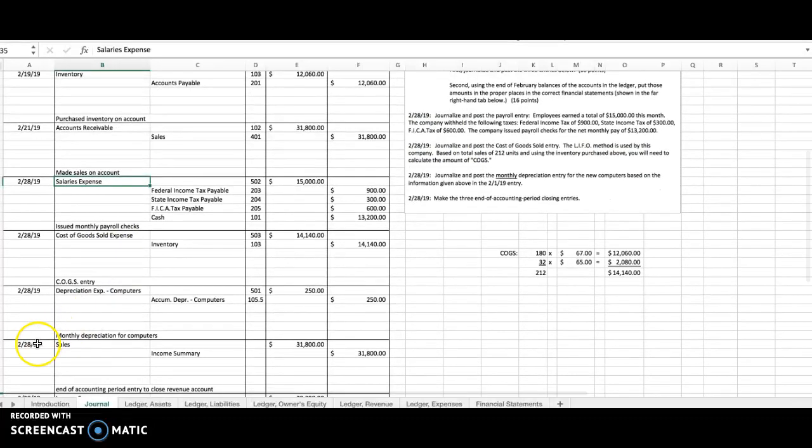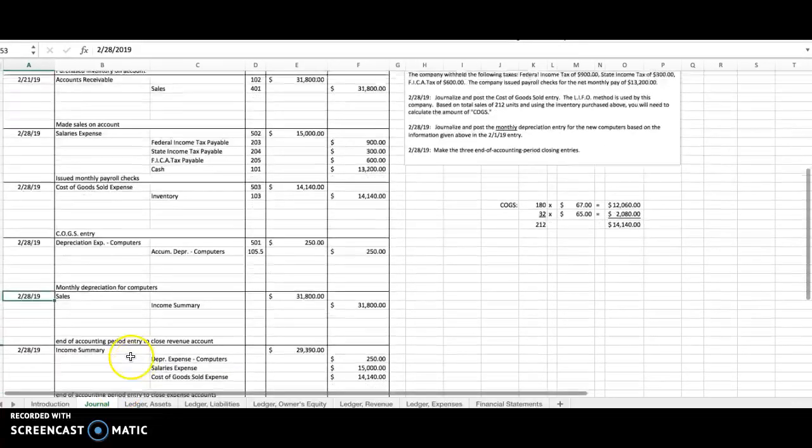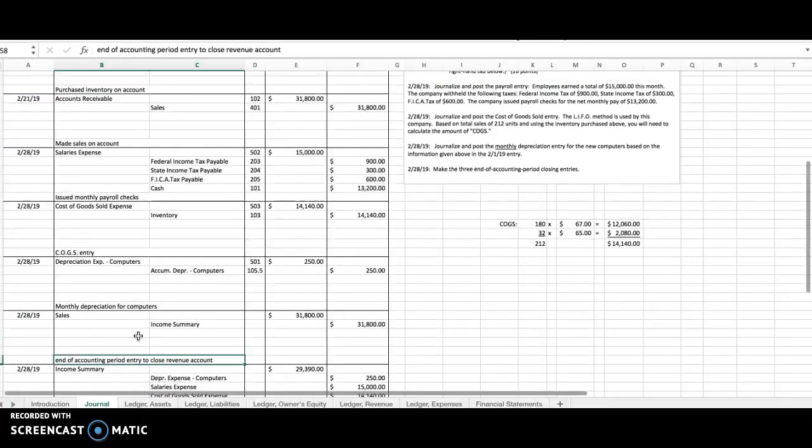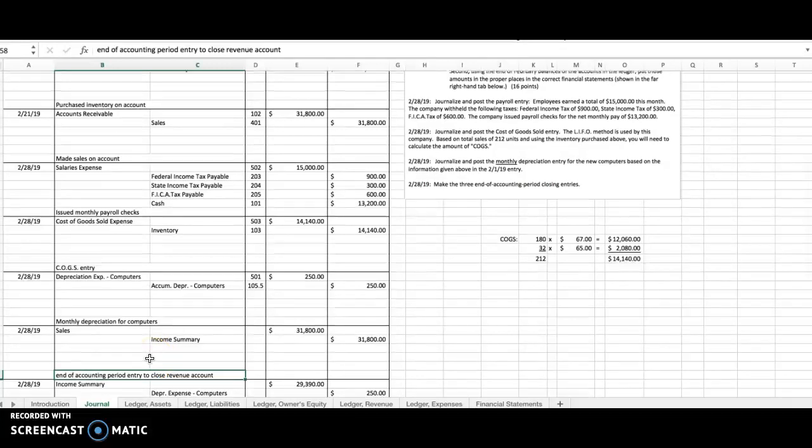You see, on the end of the month, February 28th, we are putting into the journal a closing entry. The description of this entry is this: end of accounting period entry to close revenue account.